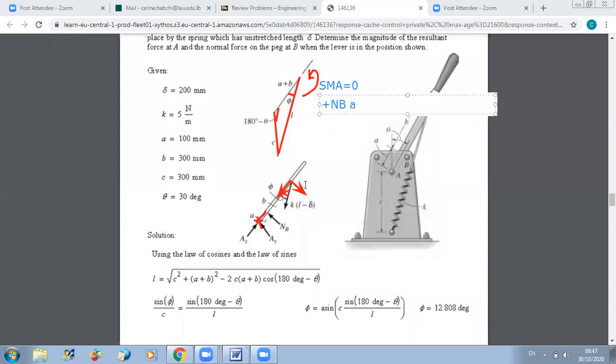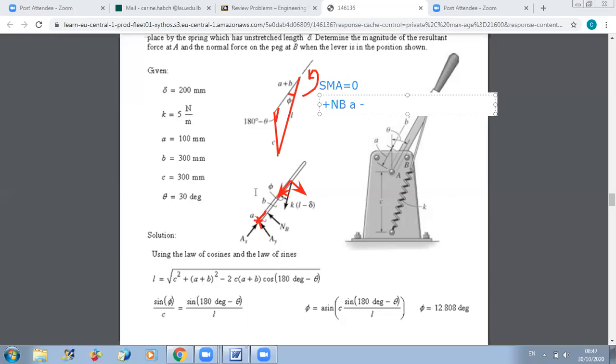Now you have the moment of the y component of the spring force, and as you can see, it's producing a clockwise moment, so it's minus the y component of the spring force. To find the y component of the spring force, you should multiply by what? Look at the figure. The angle phi is with the x-axis. So when you want to find the component along y, you should multiply by sine phi.